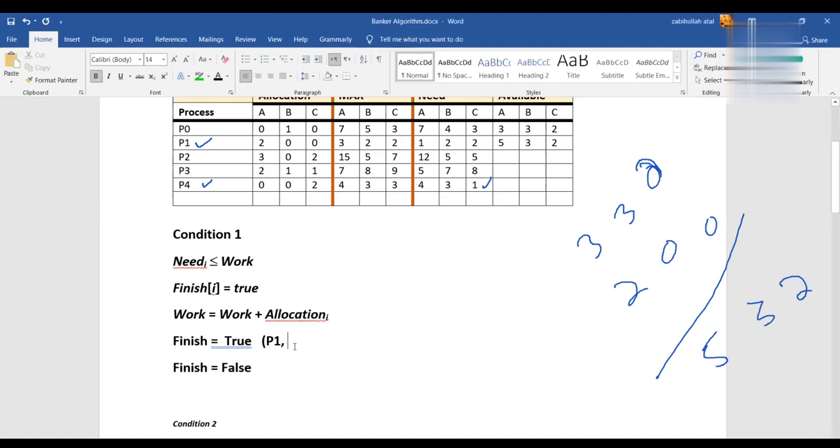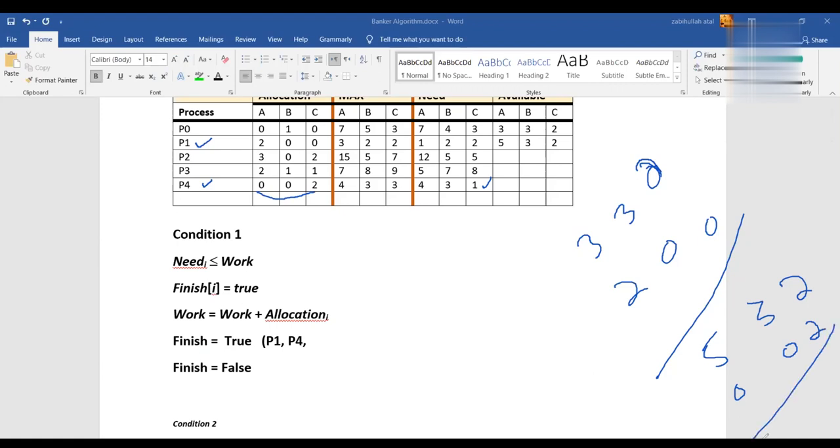P4's condition has become true. See, dear students, we are going to detect the deadlock. And after a few processes, you will see the deadlock is here. P1, P4 is done. And now I have to retake these resources. So 0 plus 0 plus 2.